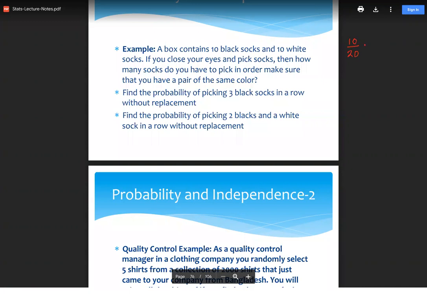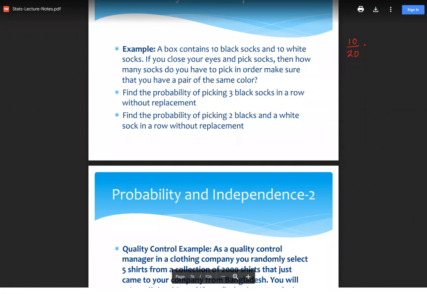Next, after you pick the first black sock, what is the probability that next time you will also get a black sock? What is the probability that you will get a black sock next time too? 10 out of 20? Who is talking? Elby? Okay, Elby. Why 10 out of 20?